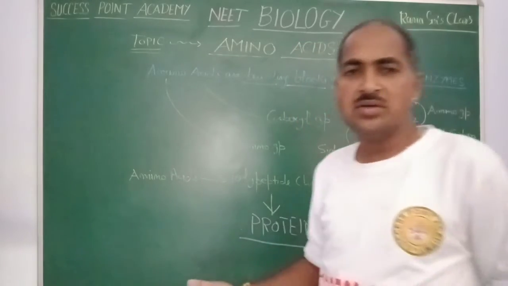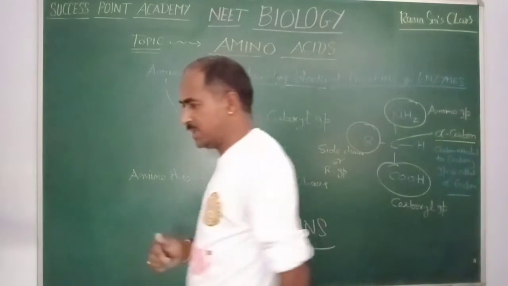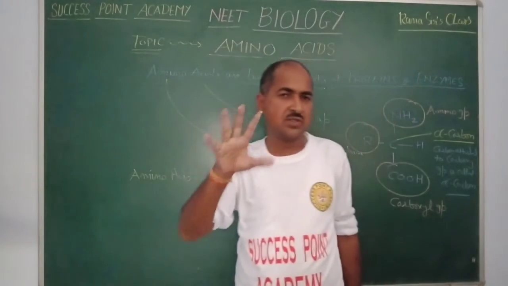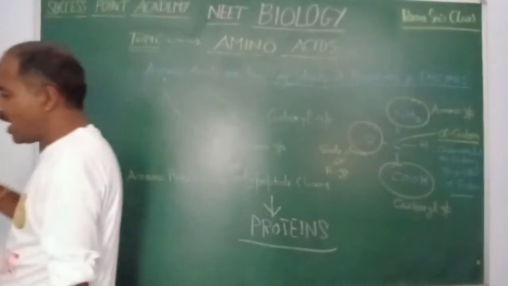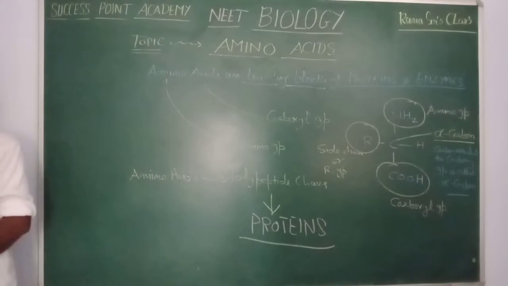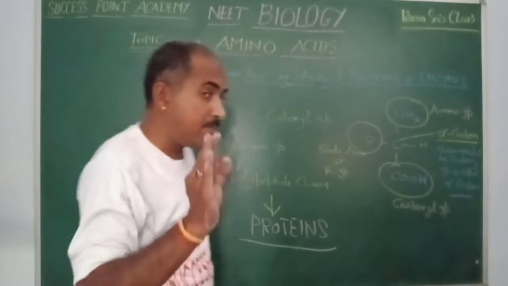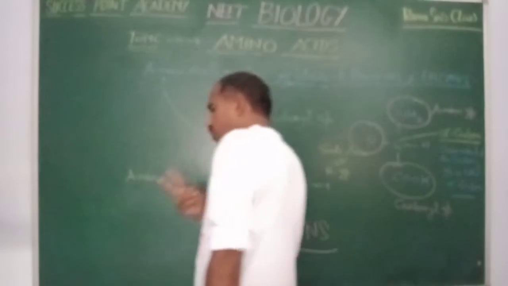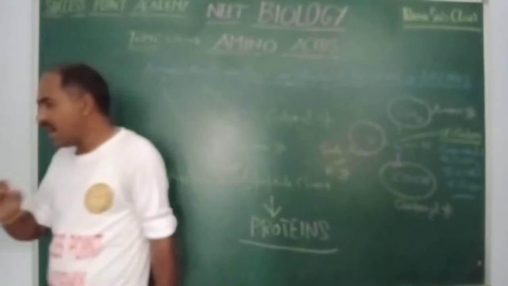Now we will discuss the classification of amino acids. One more thing, remember this: generally what we have read is that there are 20 amino acids, but students, if we talk in terms of genetically encoded proteinogenic amino acids, then remember there are 22 amino acids. 20 we have generally read, and the other important additional 2 amino acids, they are what?